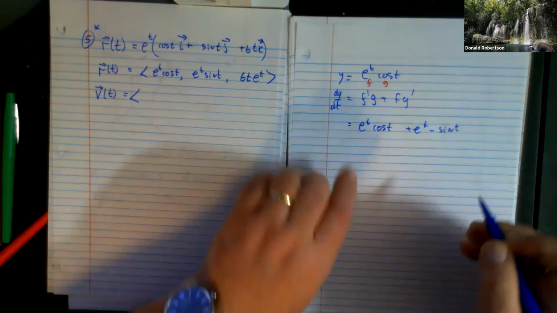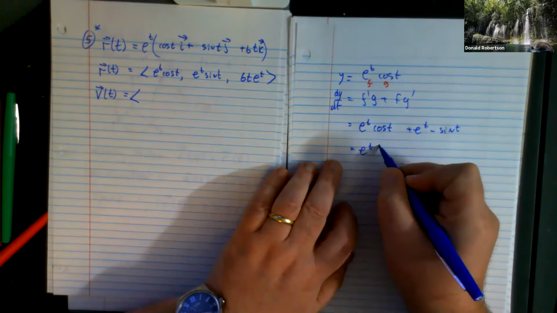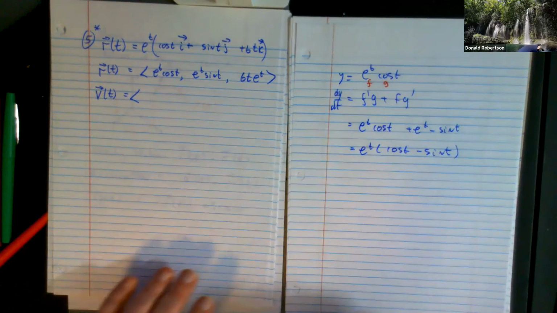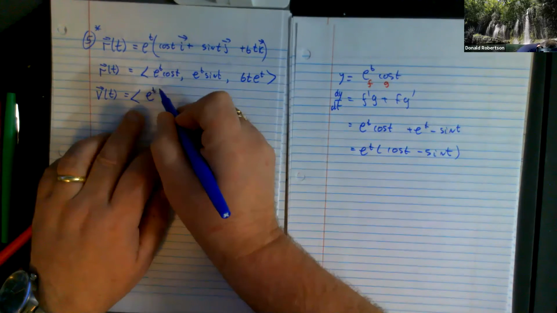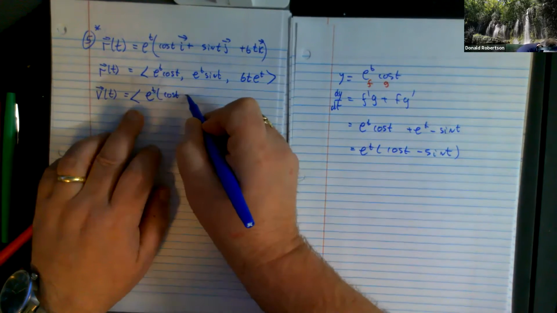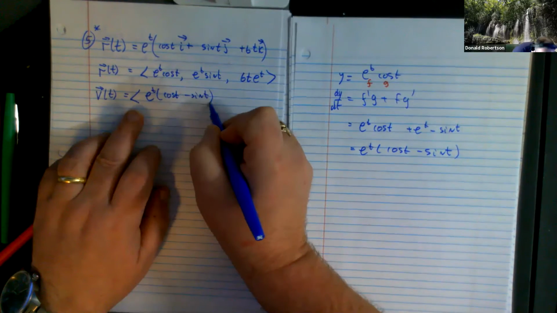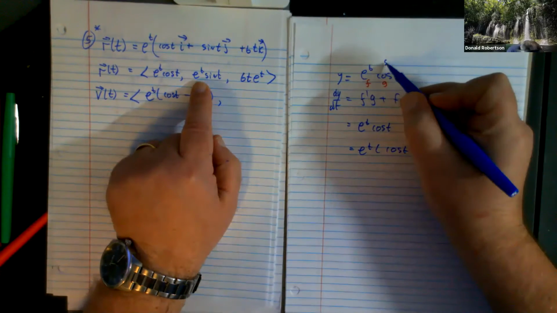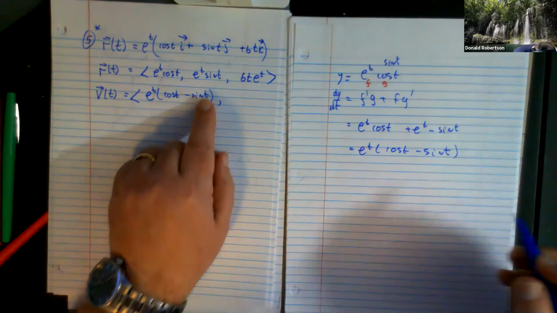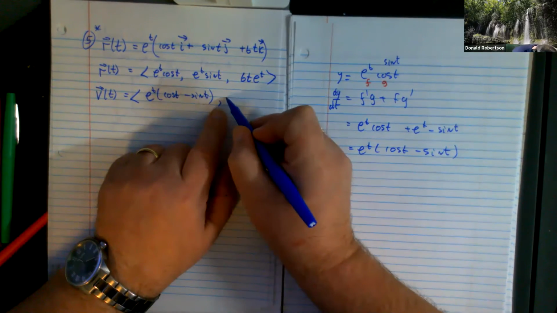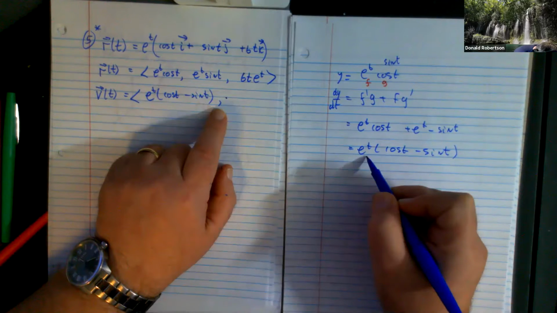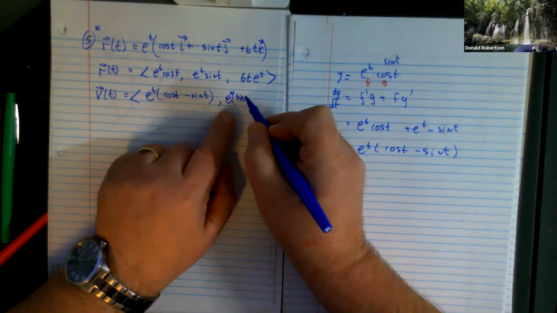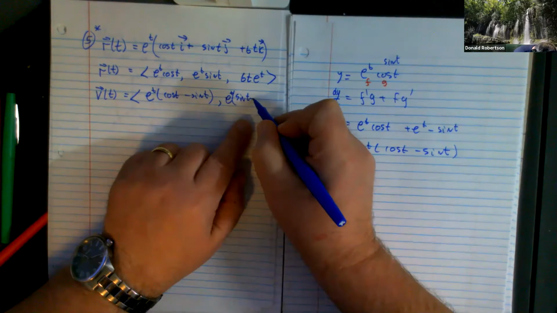And you are going to get e to the t cosine t, take away sine t. So this guy here is e to the t cosine t, take away sine t. Check. This fella here is basically just going to have a sine t here. So what we're going to get with the second one, once you pull this out, you're going to get an e to the t, you're going to get a sine t, and plus a cosine t.